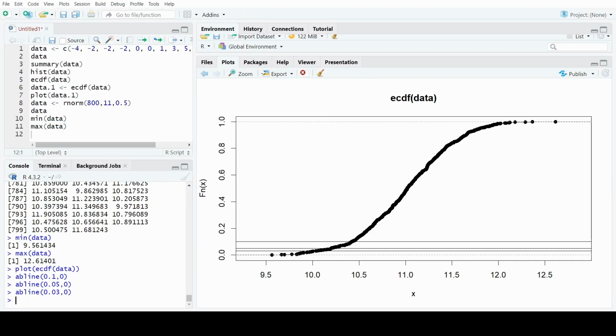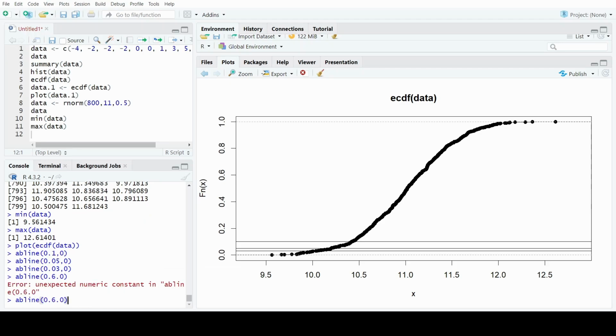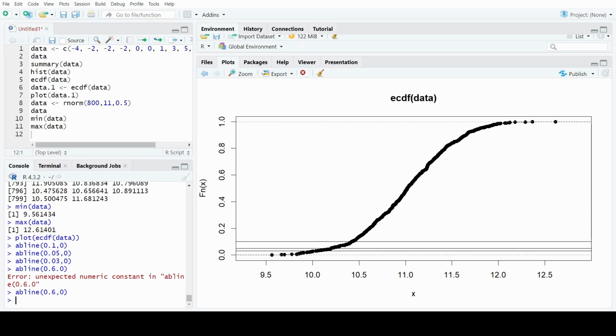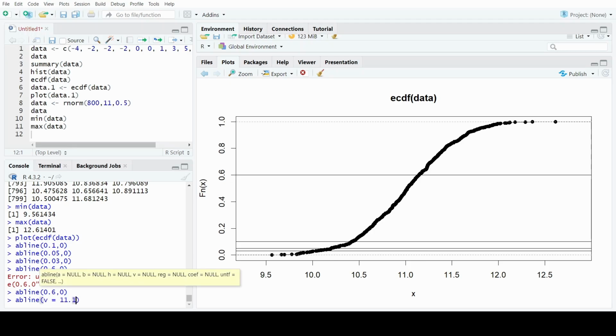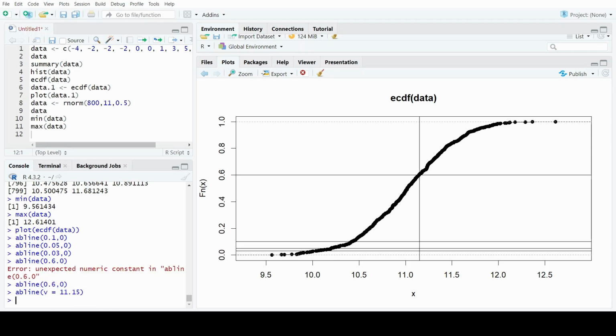So what I'll do, again, on an exam you'll have nice lines, I'm going to put abline at 0.6. By my eyesight, that appears to be about 11.15. Let's try that. So now I'm going to put an abline vertical at 11.15 and see how close I am. Pretty darn close. So I'm going to say then that the 60th percentile is at a time of 11.15 seconds.